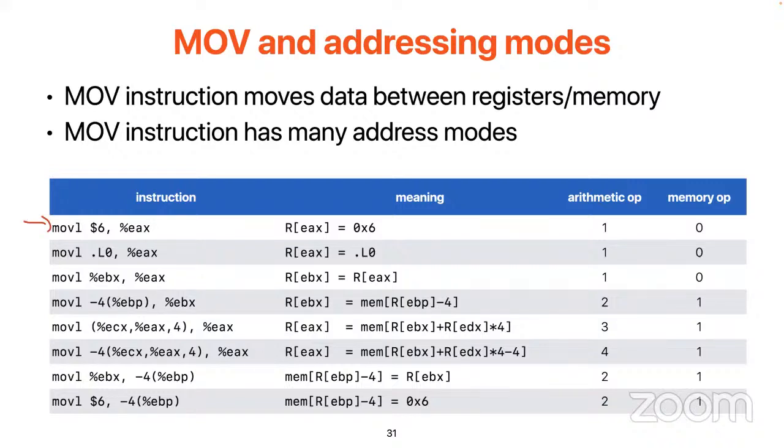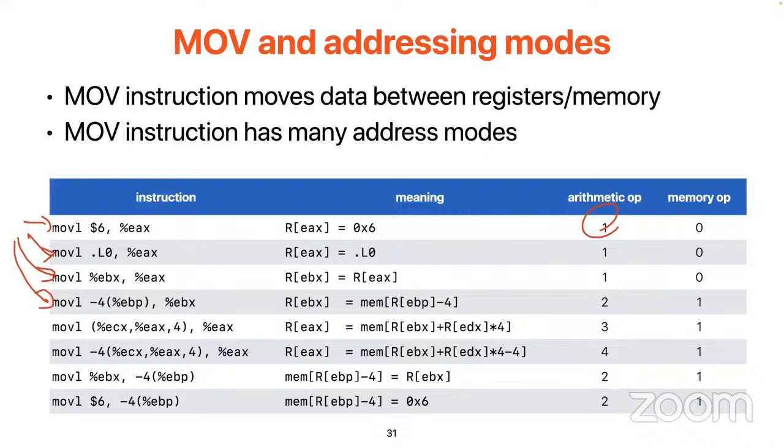So it needs an arithmetic operation that basically just performs 0 plus 6 and puts the value into the destination register. You can also move a label, which is also a constant value, into a register, or you can move register values to register values.